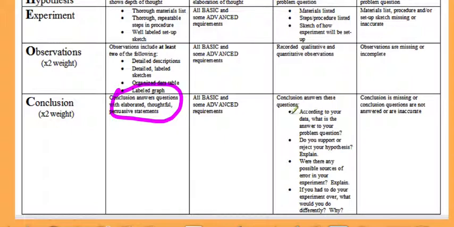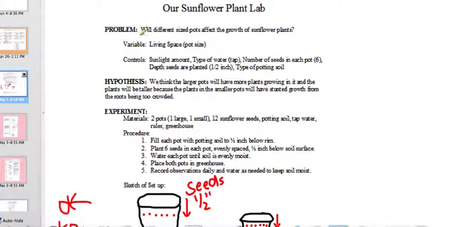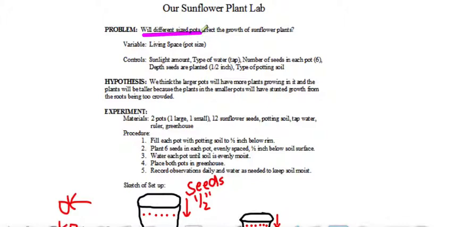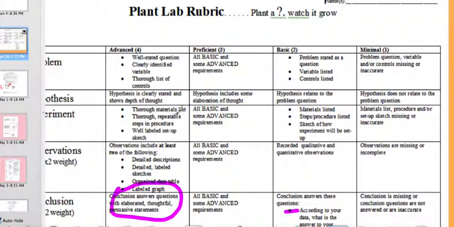So you need to answer, according to your data, what is the answer to your problem question? If I go back and take a look at the sample one here, their problem question is, will different size pots affect the growth of sunflower plants? So they need to determine what is the answer to that question.